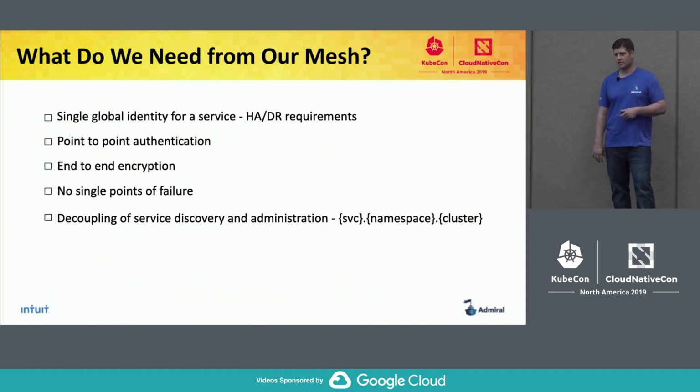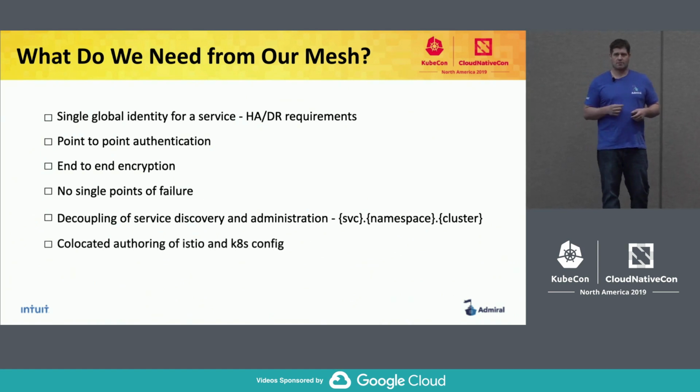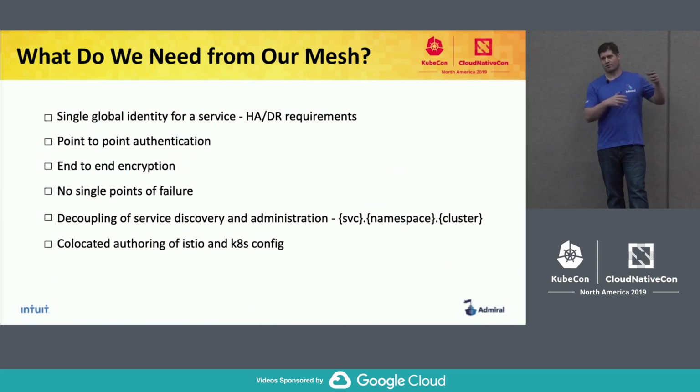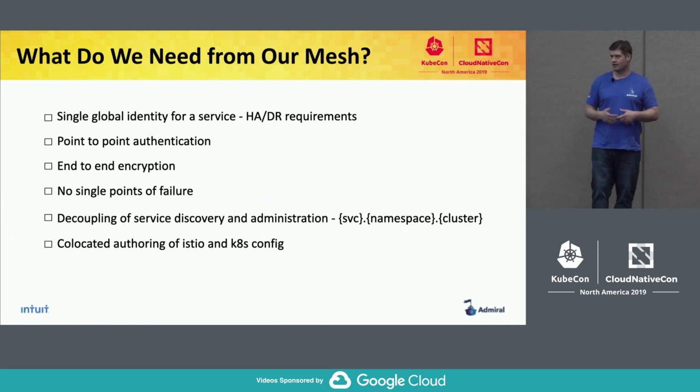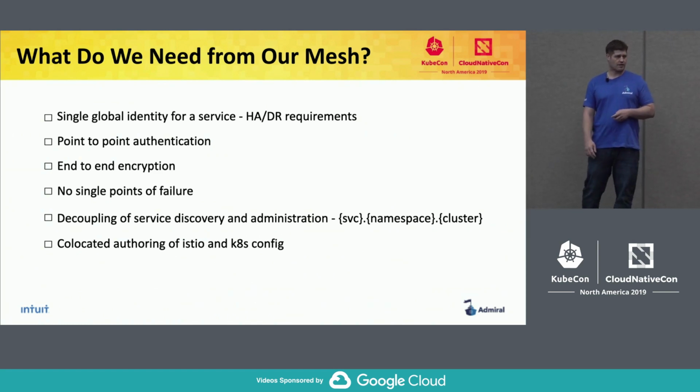We want those 2 things decoupled from each other. And we also want to keep the developer's experience intact. We don't want routing configuration separate from the service's actual hosting configuration. We want that to be one package that can be plumbed into their CI/CD pipelines, that's easy to troubleshoot, and that's easy for them to see what they're actually operating on.